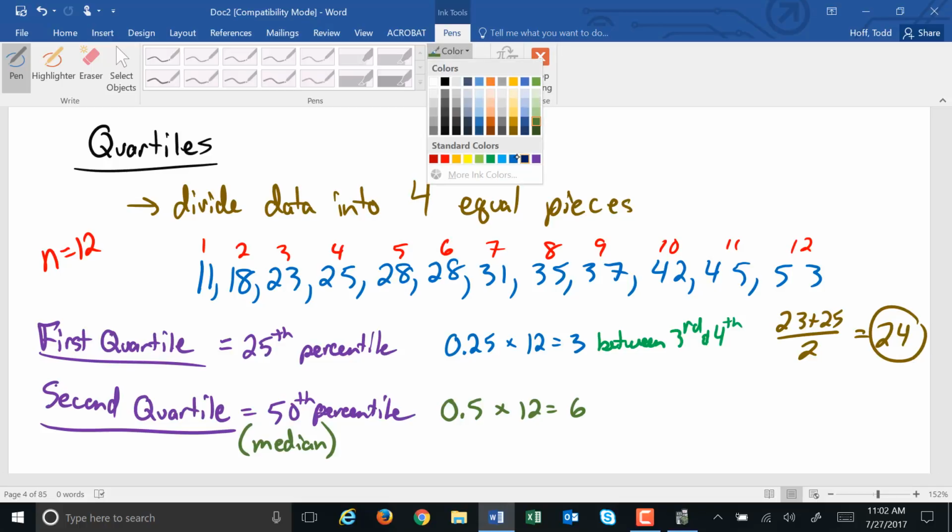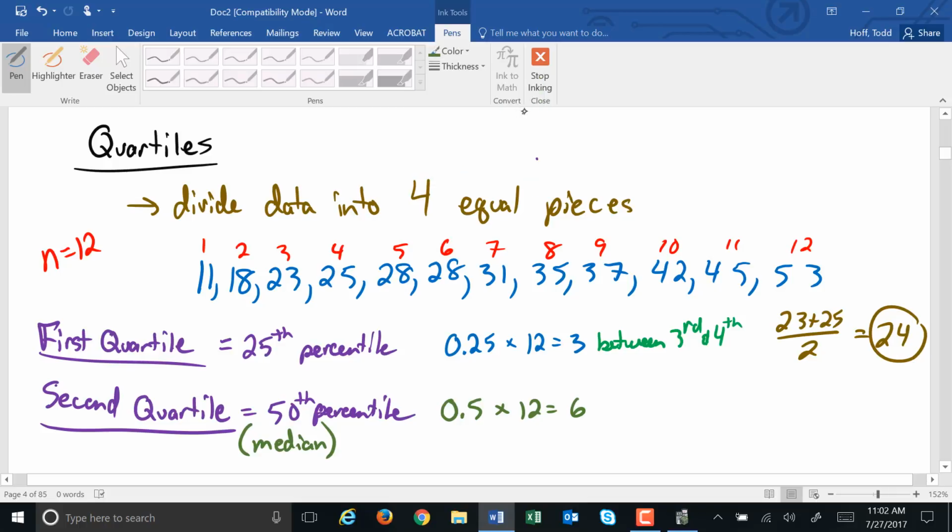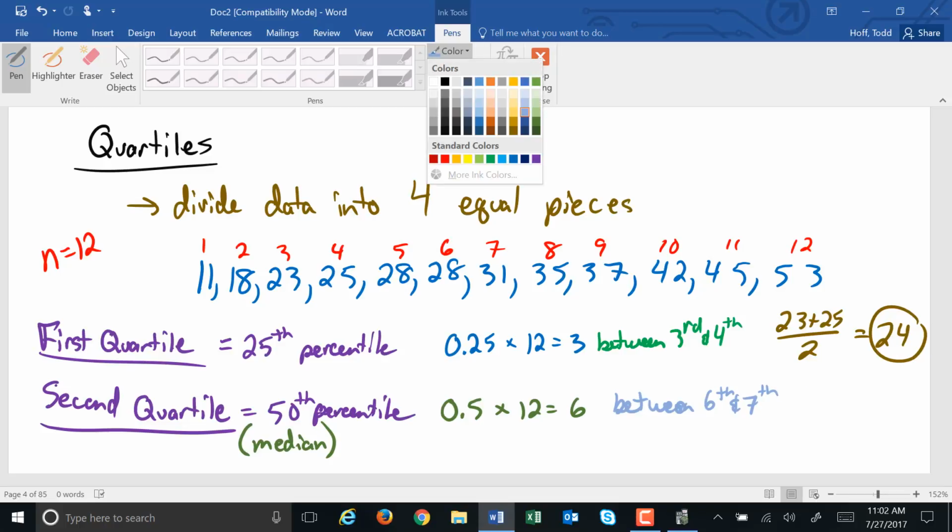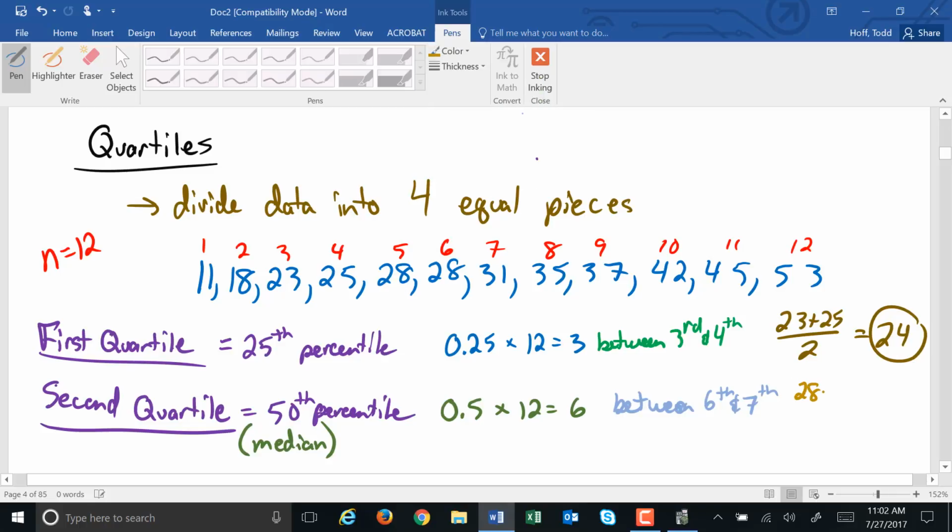So since that comes out to 6, it's between the 6th and 7th number. So it's between 28 and 31. So 28 plus 31 divided by 2 is 29.5. That's our median or second quartile.